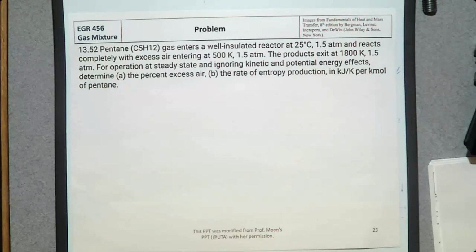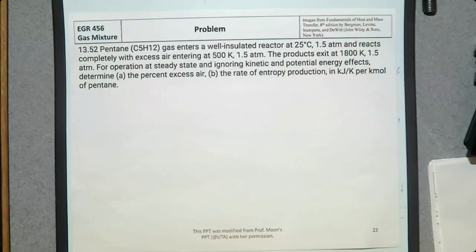So you can see again the temperature is different from the standard temperature and the pressure is different from the standard pressure. So we are going to practice one more time how to evaluate specific entropy of the products. So that means that you need to know how to determine the components of the products.